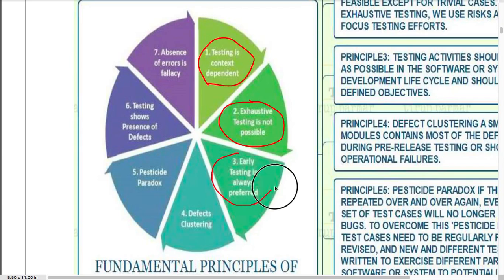Then in the same way, early testing is always preferred. Early testing means that on each and every phase of the software development life cycle, testing should be applied. Software development starts from requirement gathering, then analysis, then we go for high level and low level designs.